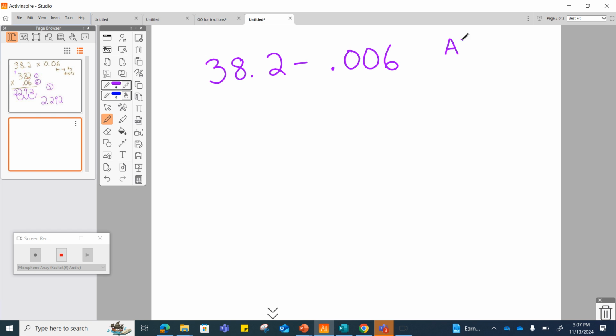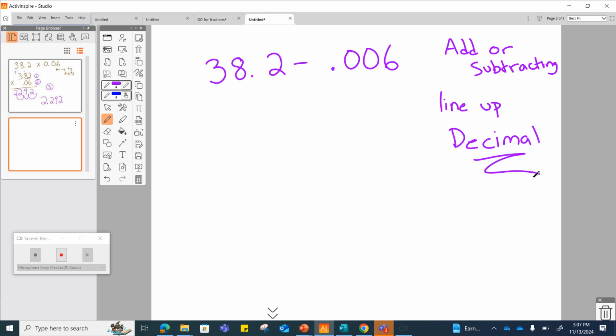For adding or subtracting, I need to line up not the digits, but the decimal. That means 38.2 and 0.006.